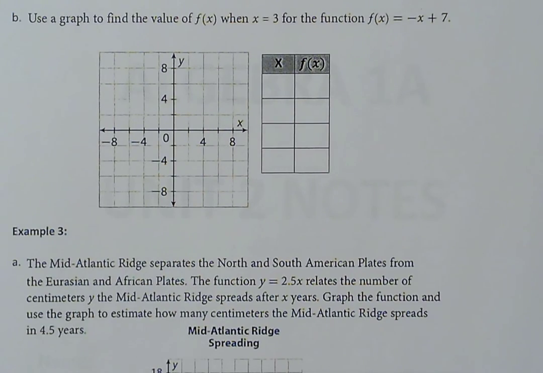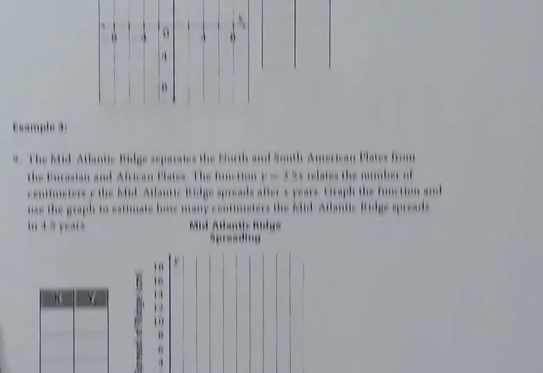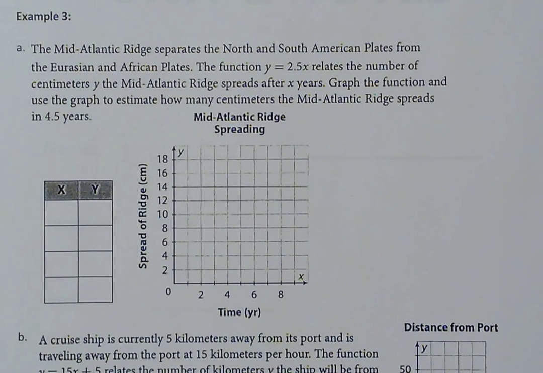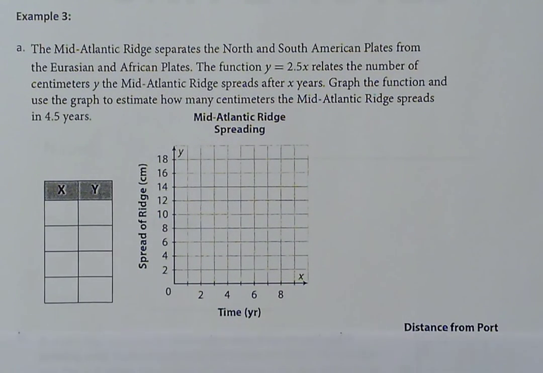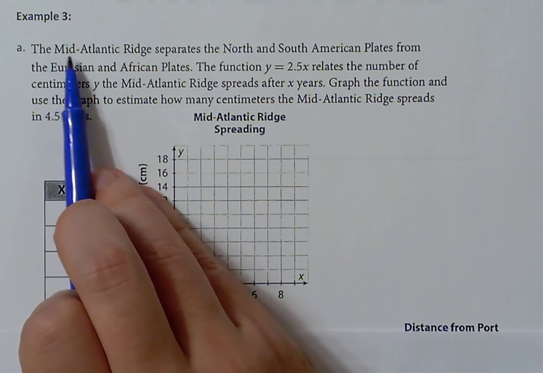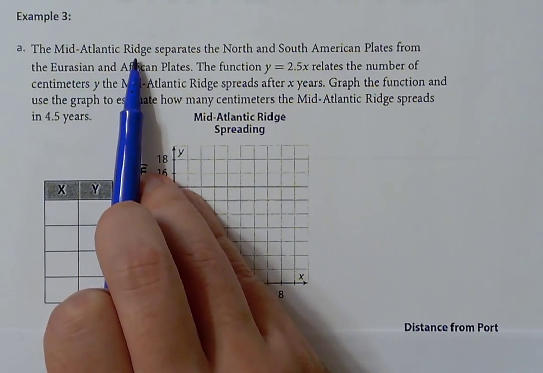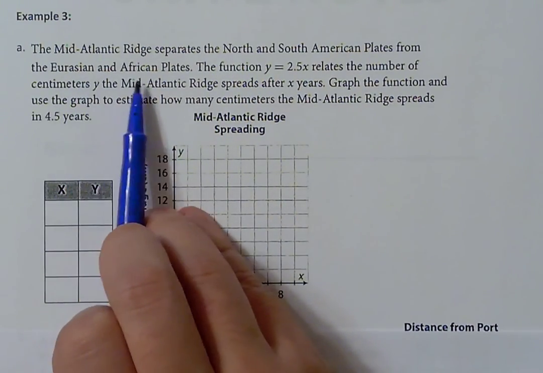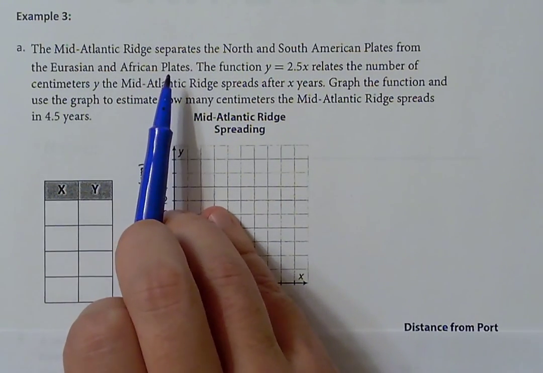Okay, so moving on then to example 3. Example 3 is going to be some story problems for us. For 3A, we have the Mid-Atlantic Ridge separates the North and South American plates from the Eurasian and African plates. Doesn't really matter.